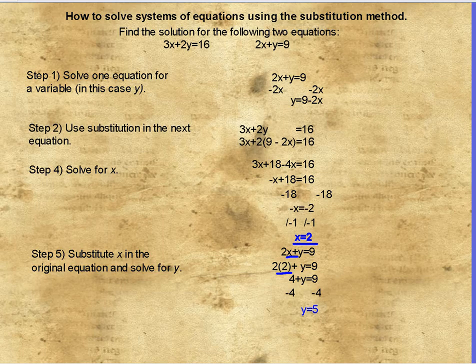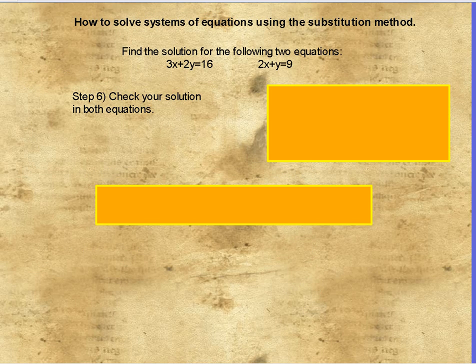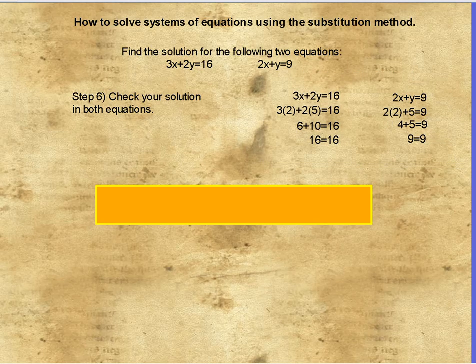Now we have our solution: x equals 2 and y equals 5. And let's check to see if our solution is correct by plugging x equals 2 and y equals 5 into both equations. Doing that, we get 6 plus 10 equals 16. 16 equals 16.